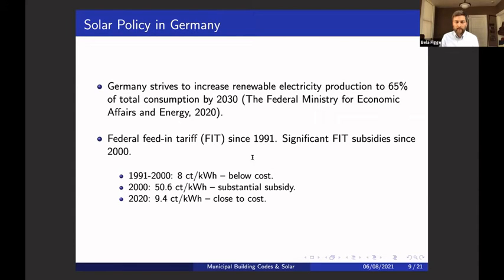But the feed-in tariff that was guaranteed was significantly below cost until 2000, when it was increased and considered a substantial subsidy. Since then, it's been continuously reduced and is now close to the production cost for small panels. And these are the feed-in tariffs for small rooftop solar.